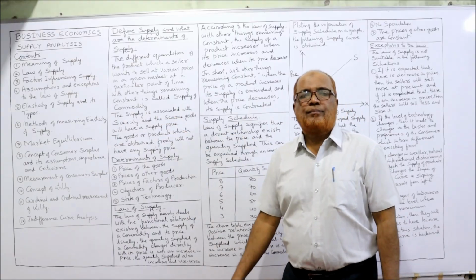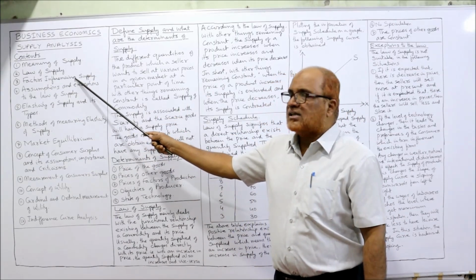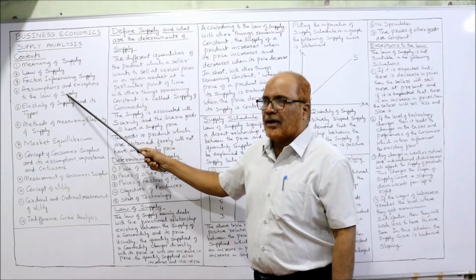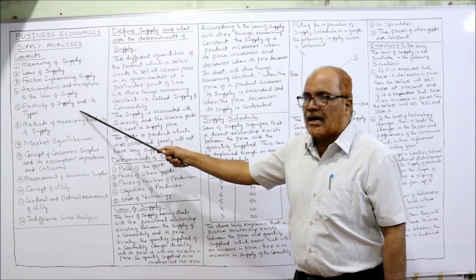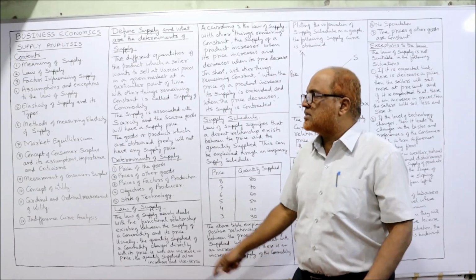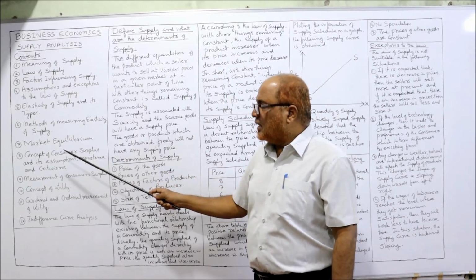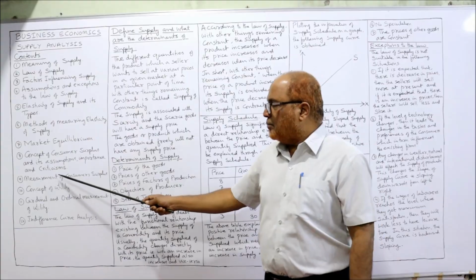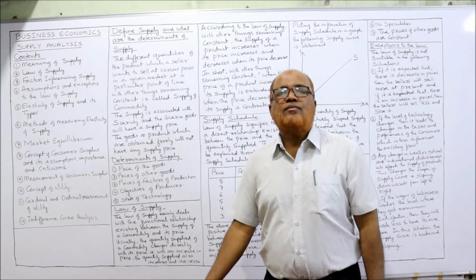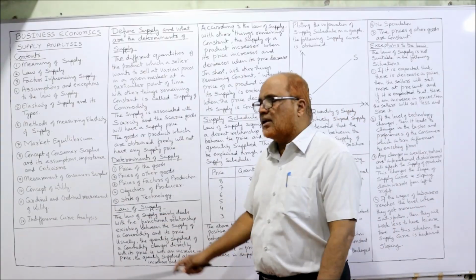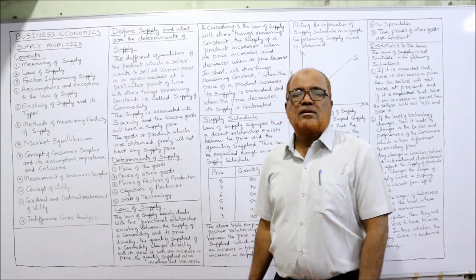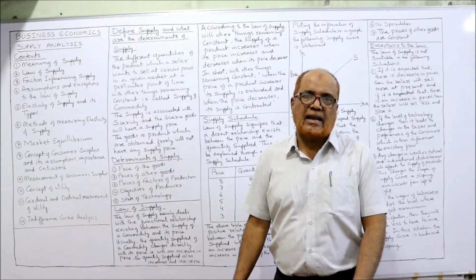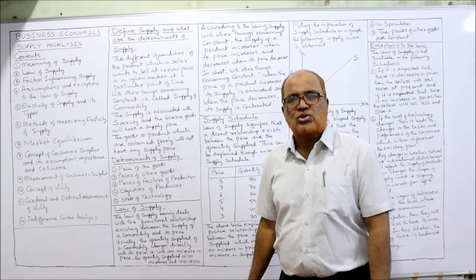Secondly, law of supply, factors determining the supply, assumptions and exceptions to the law of supply, elasticity of supply and its types, methods of measuring elasticity of supply, market equilibrium, then the concept of consumer surplus and its assumptions, importance and criticisms, and measurement of consumer surplus, concept of utility, that is cardinal utility and ordinal utility, and lastly indifference curve analysis. These are all the contents of unit number 3, that is supply analysis. One by one I am going to explain all these topics.